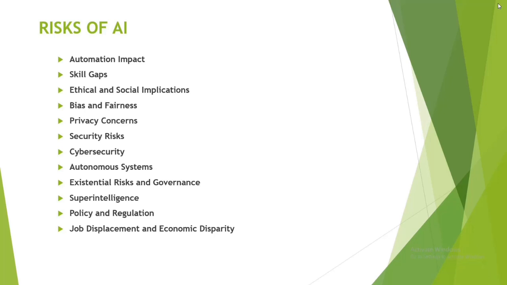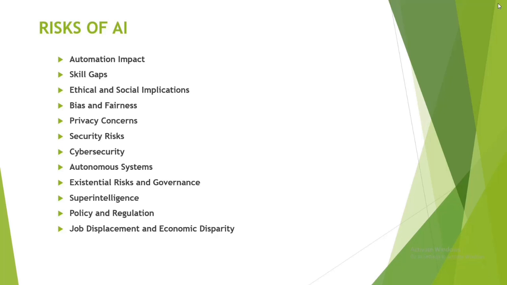Security risk comes in the form of cyber security and autonomous systems. Cyber security means AI can be exploited by malicious actors for cyber attacks, including phishing, malware, and data breaches. Autonomous systems means risks associated with the safety and security of autonomous vehicles, drones, and robots pose challenges for regulatory frameworks and liability issues.